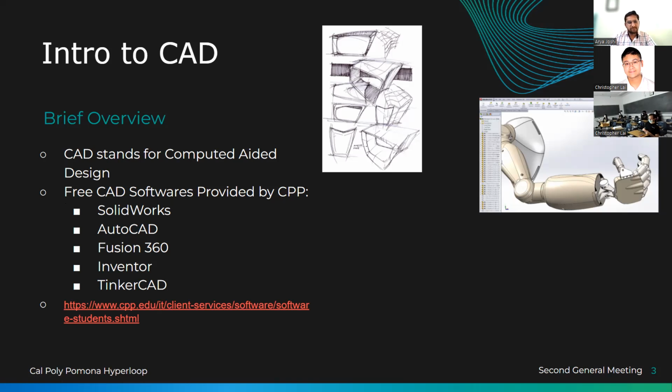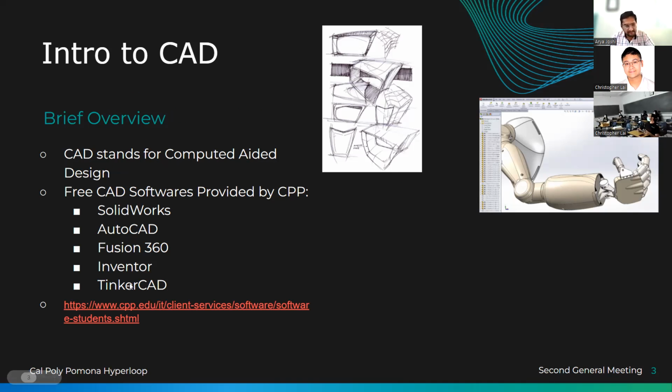So if you download these softwares, you'll get more experience with them. And they're also good tools to put on your resume if you're skilled enough, because a lot of companies and internships look for some experience with these types of softwares. I've put a link below, it's on the CPP website, and you can check it out. I'll leave that there, and I can put that into the Discord chat later.